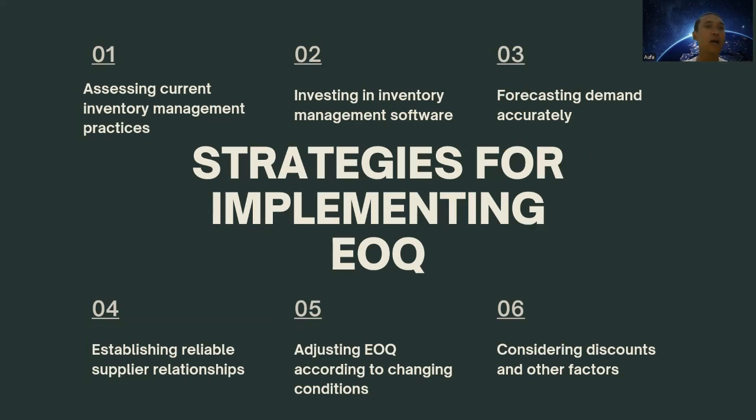The first, assessing current inventory management practice, investing in inventory management software, forecasting demand accurately, establishing reliable supplier relationships, adjusting EOQ according to changing conditions, and the last, considering discounts and other factors.